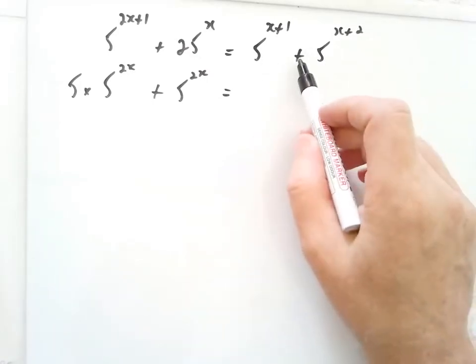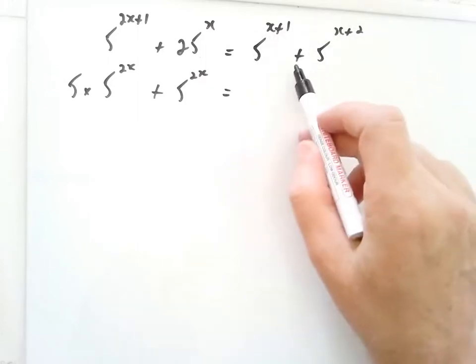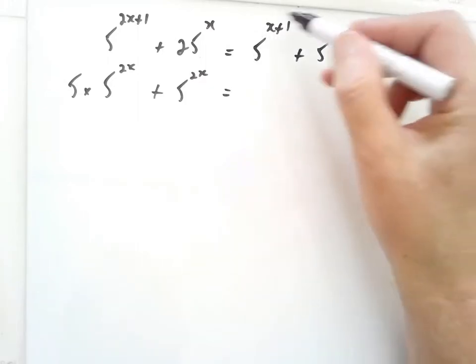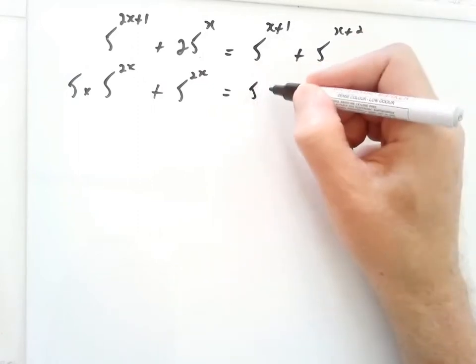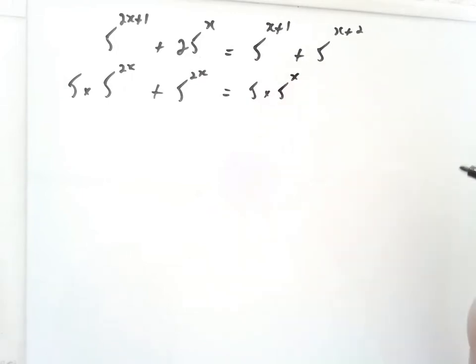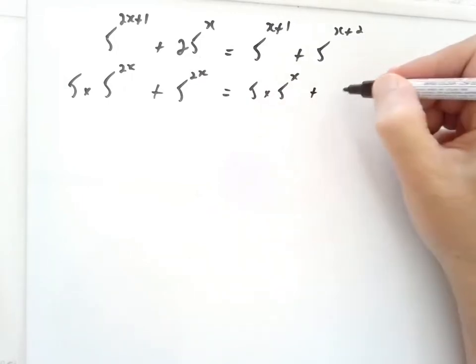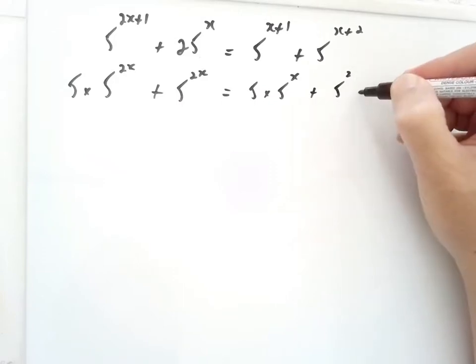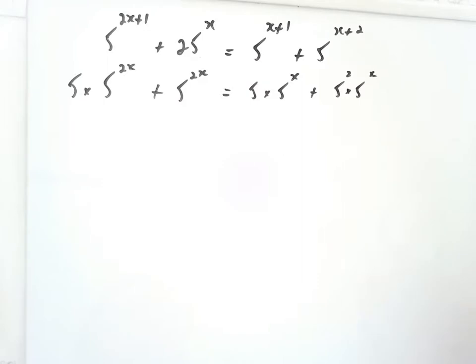Similarly, this plus is a real problem because I can't get these exponents together because that's a plus. But what I can do is, just like I did over here, I'm going to get that 1 down the front. So that becomes 5 times 5 to the x. And this is going to be plus 5 squared times 5 to the x.